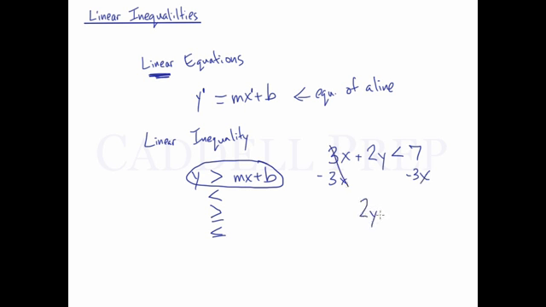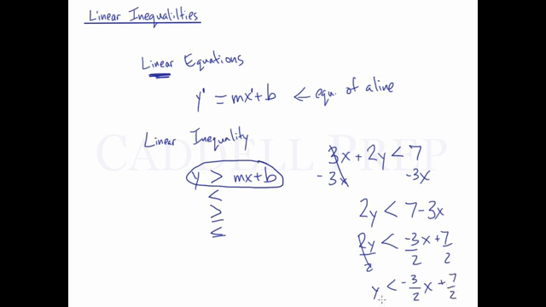We're left with 2y, then we have 7 minus 3x, which is the same as, we just change the order, negative 3x plus 7. Then divide everything by 2 to get y by itself. So y is less than negative 3 halves x plus 7 halves. So this is an example of a linear inequality.